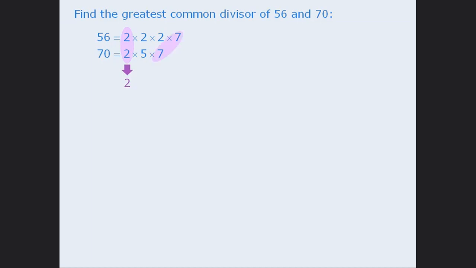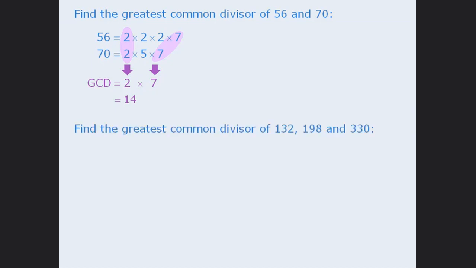And they also share a 7, so we'll note that. So 56 and 70 share a 2 and a 7 in their prime factorizations. So the greatest common divisor of 56 and 70 will be the product of 2 and 7, which is equal to 14. Let's do one more.